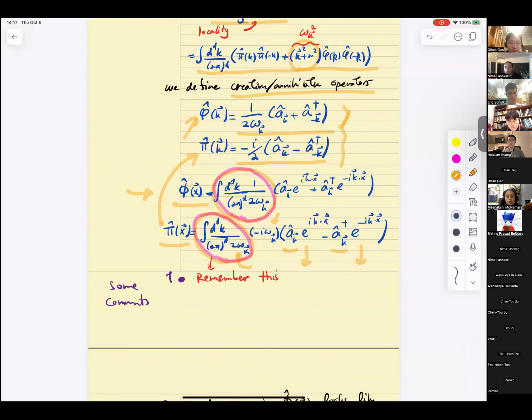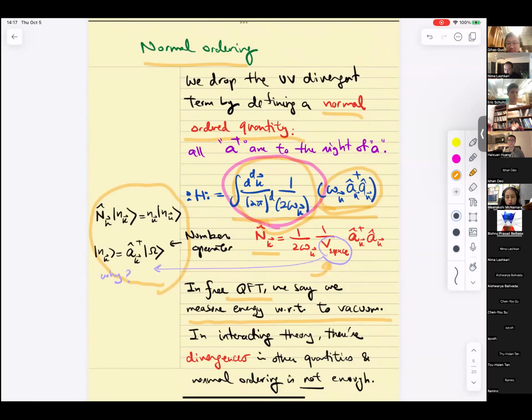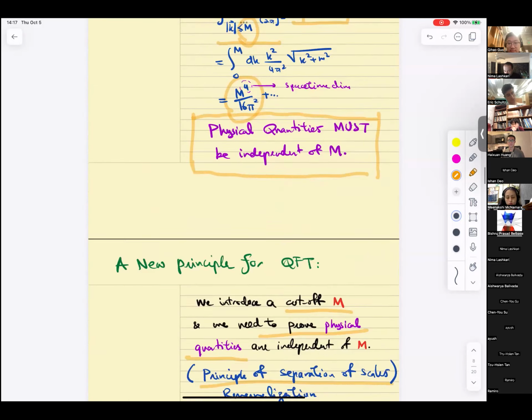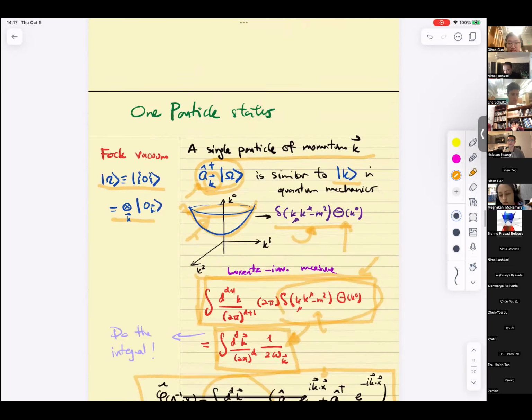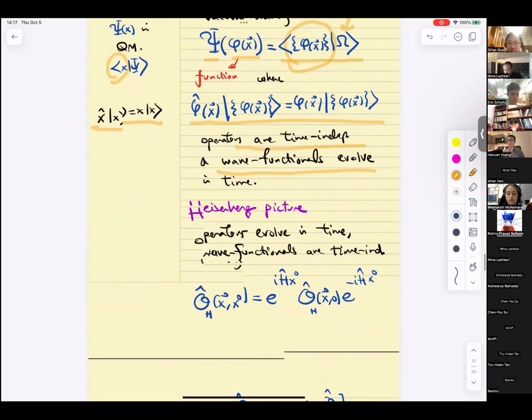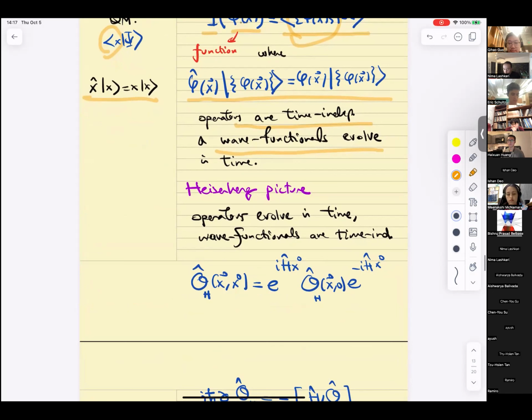I just put spatial x and p, right? I was doing everything in space, so I was working in the Schrodinger picture. In the Heisenberg picture, I have to talk about operators that depend on time. When I was talking about commutators, those were equal time commutators in the Heisenberg picture. All right, so in the Heisenberg picture, operators evolve in time and wave functionals are time independent.